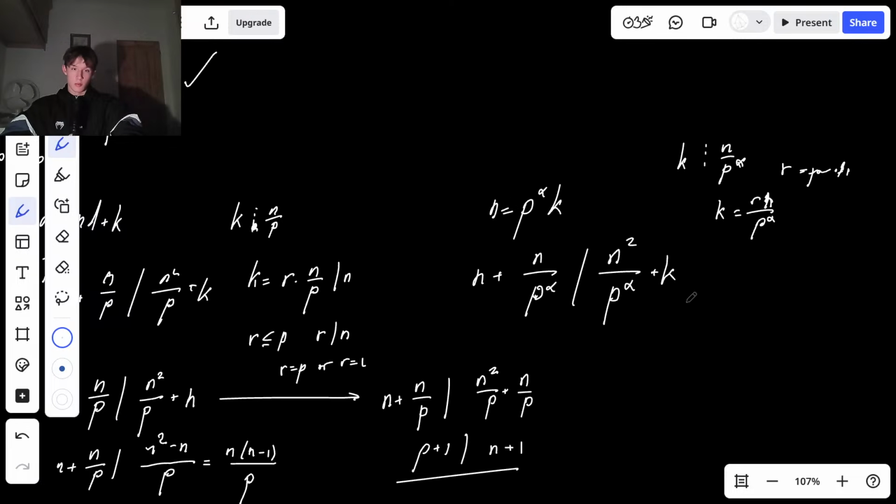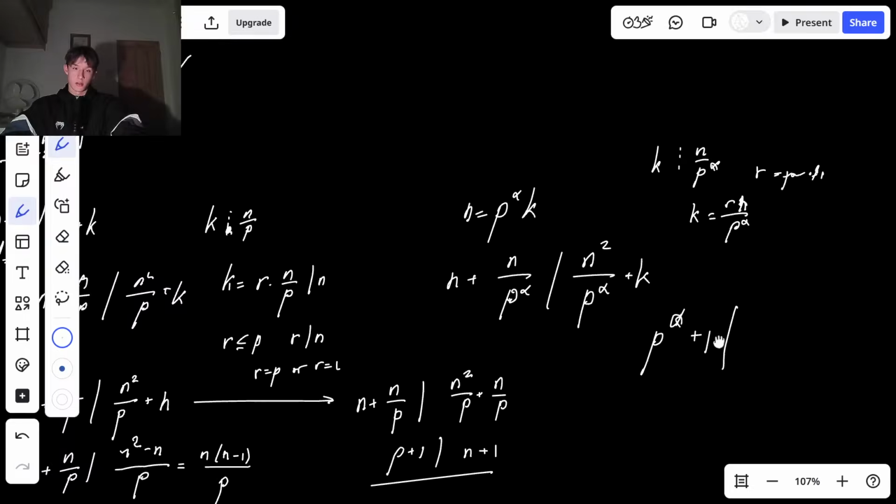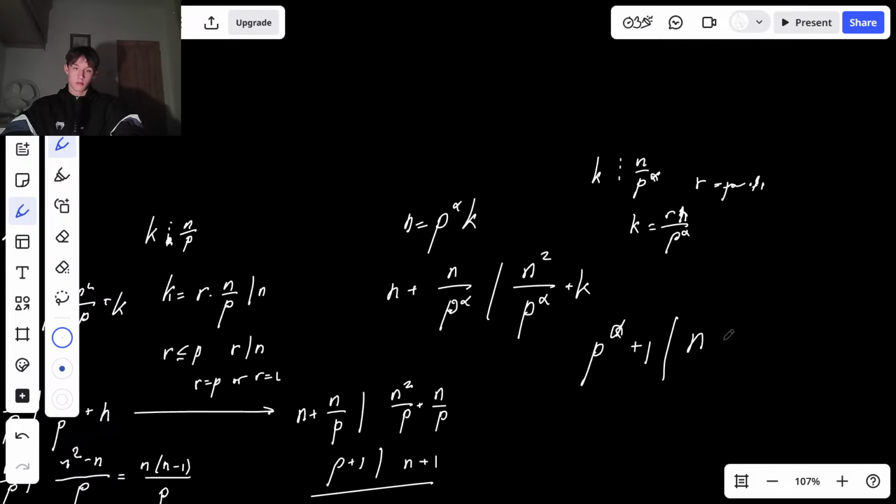We can cancel by n over p to the power of alpha, and get p to the power of alpha plus 1 should divide n plus this r, where r is a power of p, so p to the power of some beta, and this thing is p to the power of alpha k.